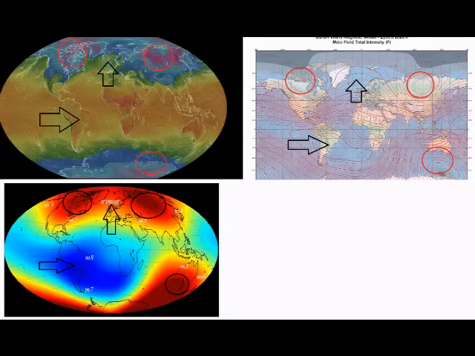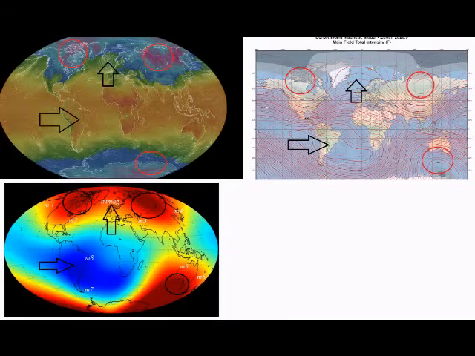Now, this has not been pointed out by any other scientist or organisation out there. They have not drawn the same conclusions as what I'm presenting here to you. But it cannot be any coincidence that where the coldest temperatures are is also in the regions where the highest magnetic intensity is, and the warmer regions on our planet are where the lowest magnetic intensity is.